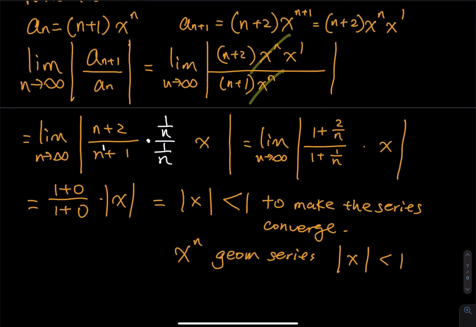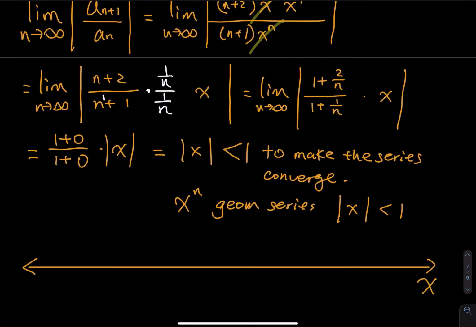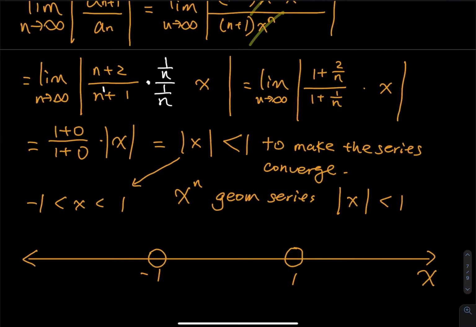Now, what about the radius of convergence? You may still remember from the earlier video when we talked about radius of convergence, this line stands for x. The absolute value of x less than 1 means x between -1 and 1, right? So we have a -1, we have a 1, and we use open circles. How come we don't use solid circles?